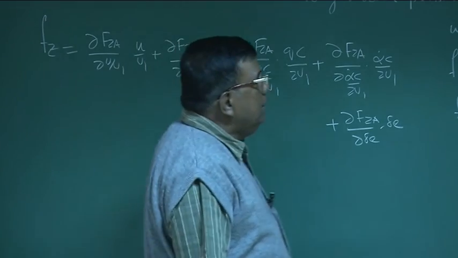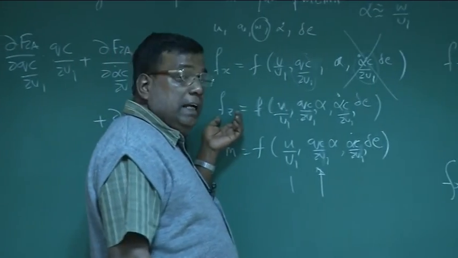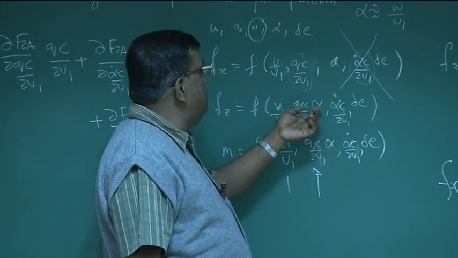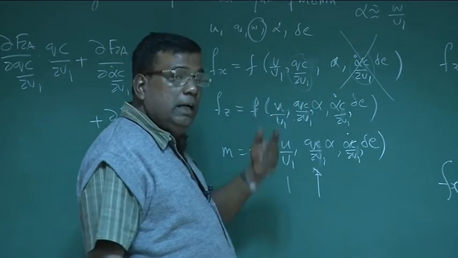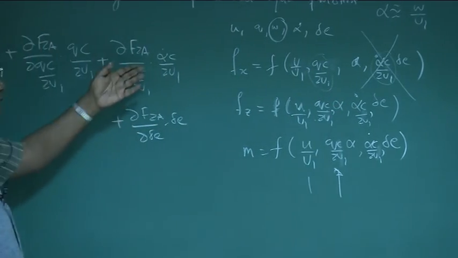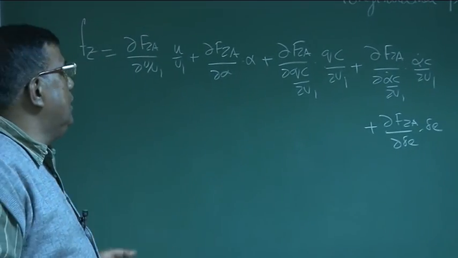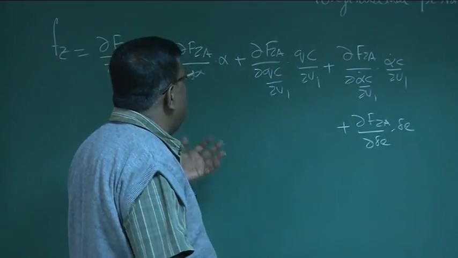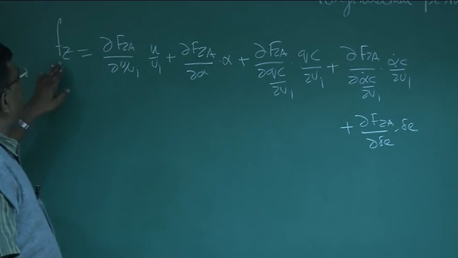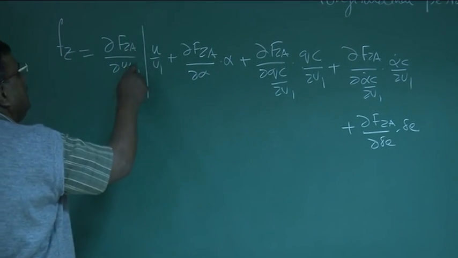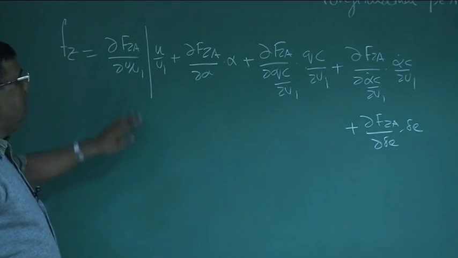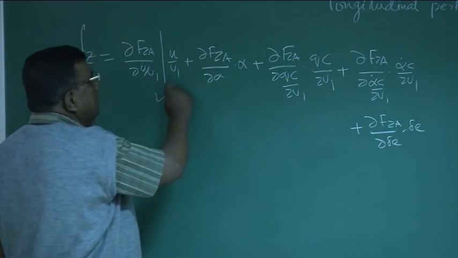So we are assuming that Fz will be a function of U, Q, alpha, alpha dot and delta E. I might not have used alpha dot in the last lecture, but now we are relaxing, we are expanding, because we are becoming comfortable in handling this. So if I want to know Fz, what do I need to know? The expression for dFz by dU by U1, which we have done.